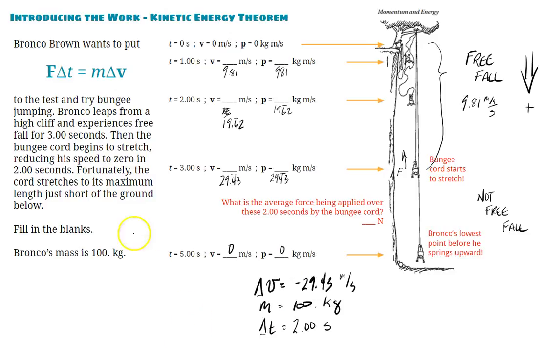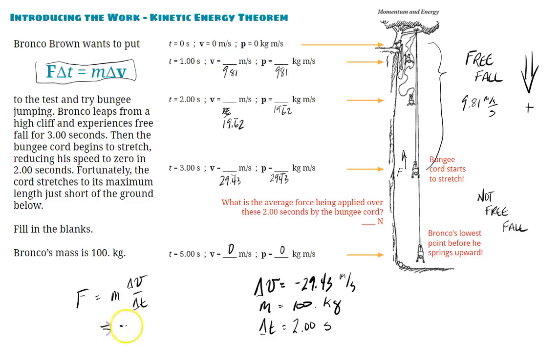And so what's the force? Well, thankfully we have Newton's second law rewritten here, so that we can use that. And so the force is equal to the mass times the delta V over the delta T. So if I do that out, I end up with 29.43 times 100 divided by 2, and I get 1,471.5.